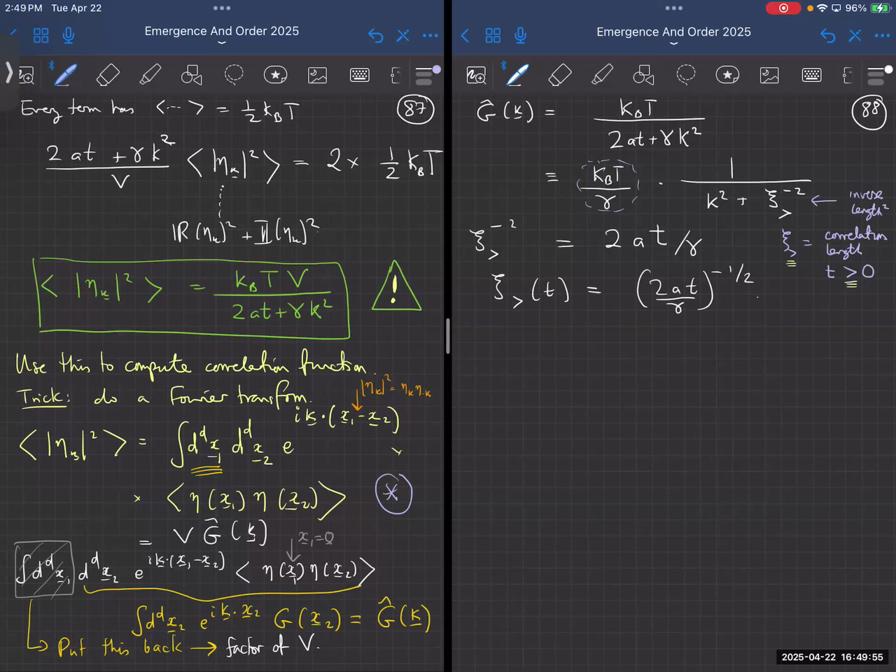I think that's correct. Yeah. Anyway, don't try to check the algebra in real time. All right, so that's the first thing.